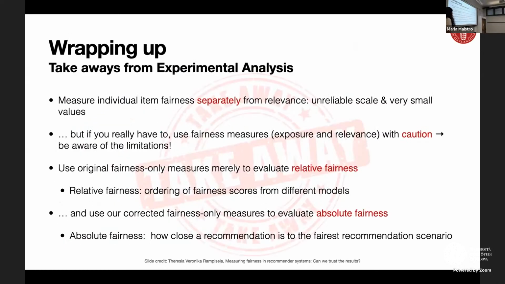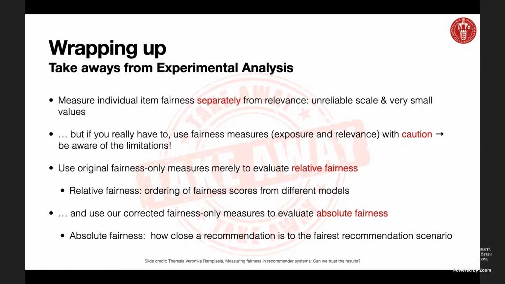So to wrap up, if you really need to measure fairness, then the recommendation is to do it independently of relevance, because when you use these measures that account for exposure and relevance, you get unreliable scales and results that are hard to interpret.